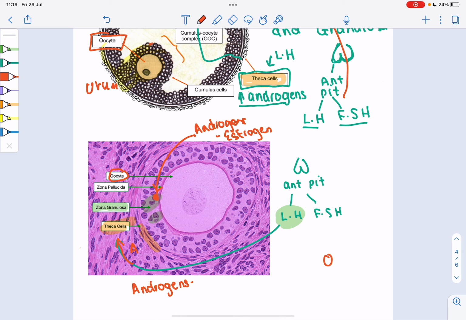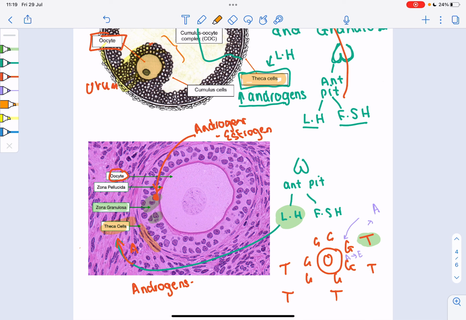So if this is your oocyte, here are your granulosa cells, here are your theca cells. The theca cells get acted on by luteinizing hormone to produce A for androgens. These androgens go over to the granulosa cells where the androgens get converted into estrogen, but this is under the action of FSH. So your two main important guys are LH and FSH. LH acts on your theca cells to produce androgens.